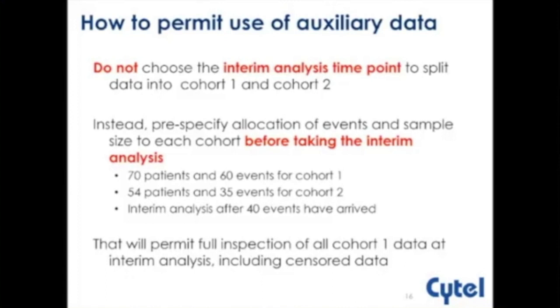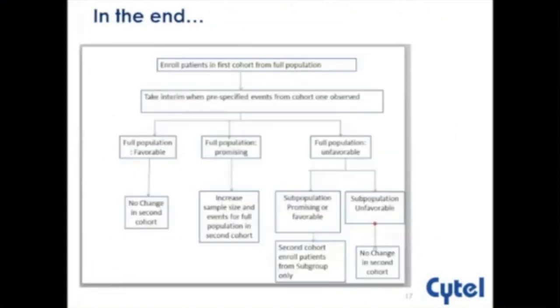So to conclude and recap the type of design, we have initially the enrollment of subjects in the full population. We have the interim look. We can either proceed according to the favorable zone in an unblinded sample size re-estimation setup, where we are in the favorable zone and there's no change in the second cohort.